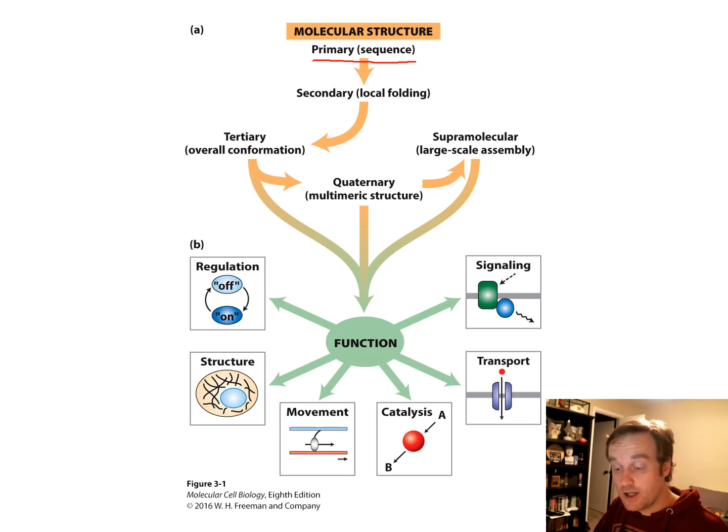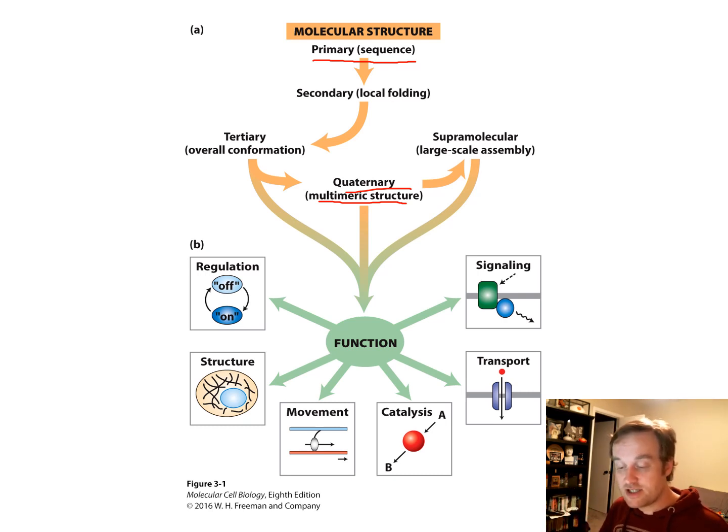And then we have quaternary structure, which is this multimeric structure, where we have multiple subunits, like hemoglobin's made up of multiple subunits, or histones, which make up chromatin, etc. And they come together to form these large complexes.